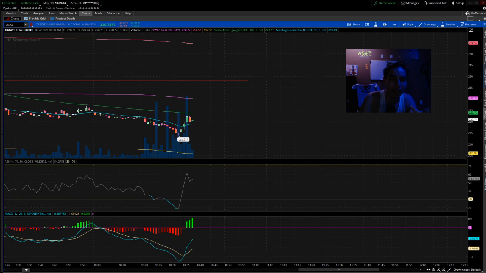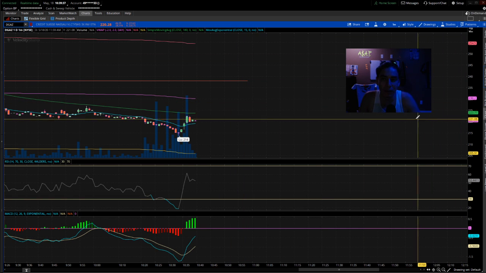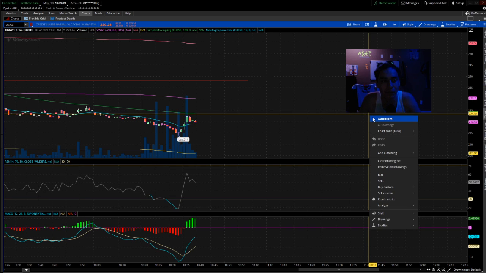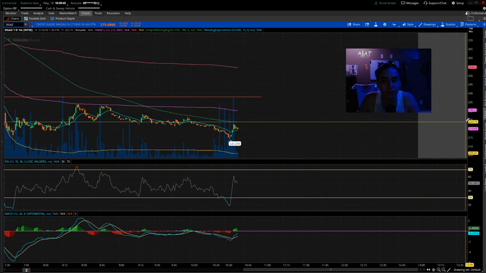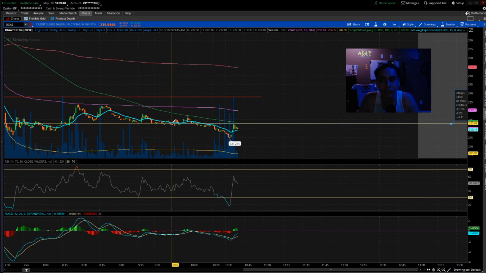I used the Robinhood app on the phone, and I would break down the charts on TD Ameritrade. But I didn't even have a live account on TD Ameritrade at the time. I just used the simulated account just to break down the chart.